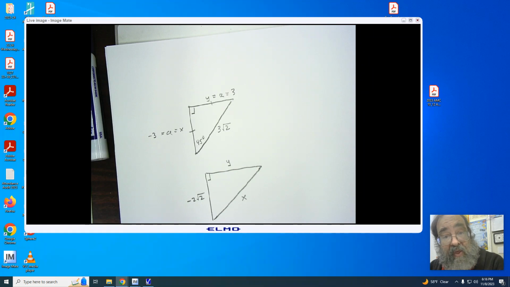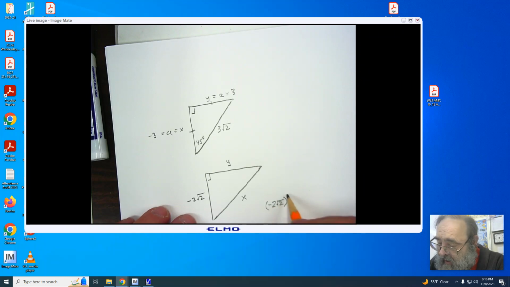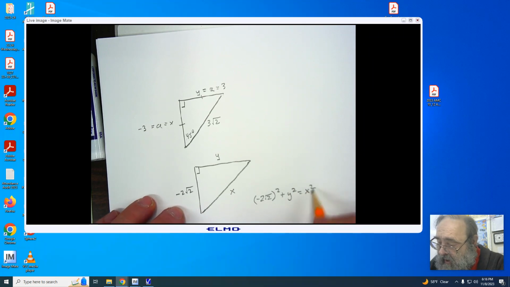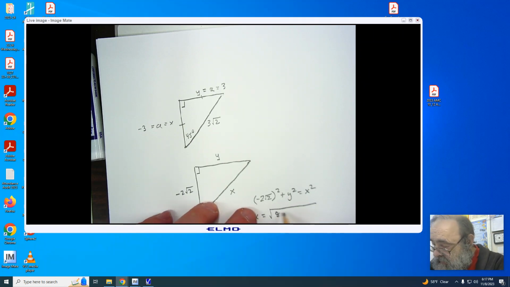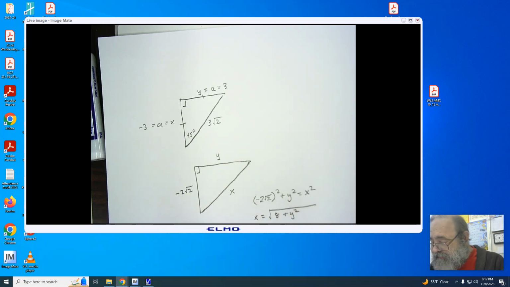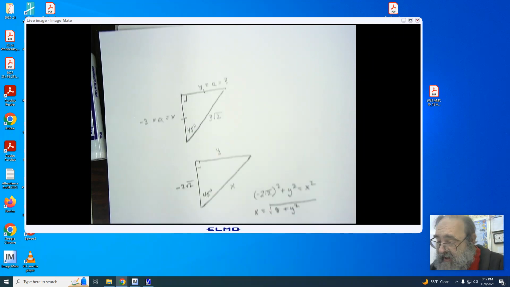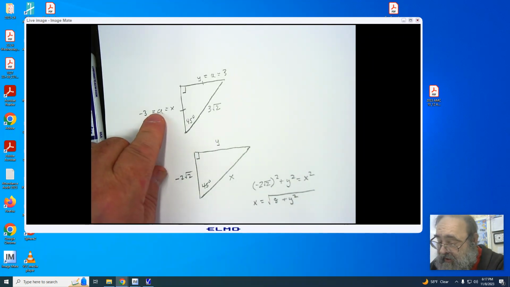When I work with the Pythagorean theorem, the direction is going to go away. So I have negative 2 root 2, the quantity squared, plus y squared has to equal the x squared. That means that x has to be the square root of 8 plus y squared.